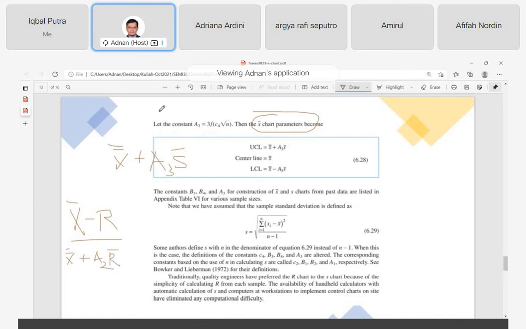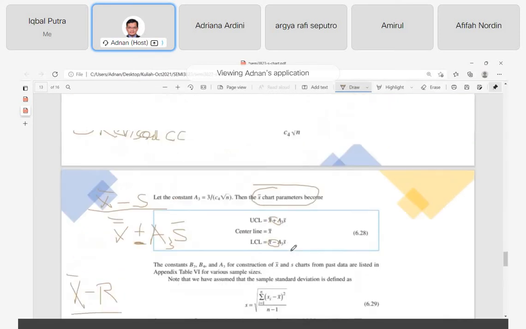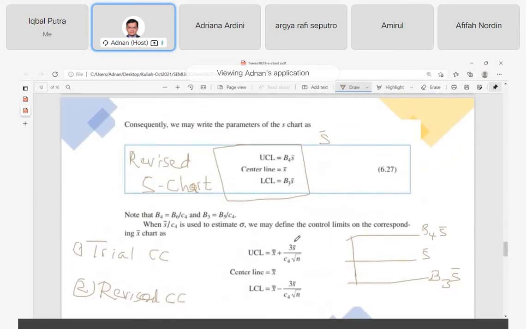But this is the case of X and S. So the bottom part is minus. The difference is only this minus. This one is positive. Same thing here, plus minus. So this is A3, this is A2 for the case of X chart. For S chart, we already have it here: B4 S bar, B3 S bar.